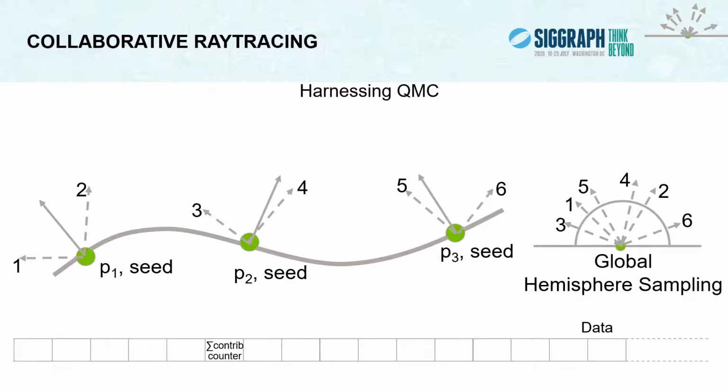Instead, we decide to use the same quasi-Monte Carlo sequence for each cell, so that we can pick some elements of the sequence for each point within a cell, and we can guarantee that our global hemisphere of the cell will be sampled optimally.